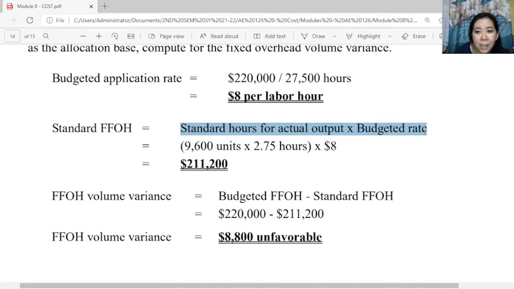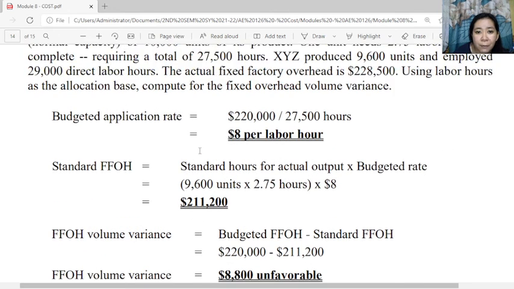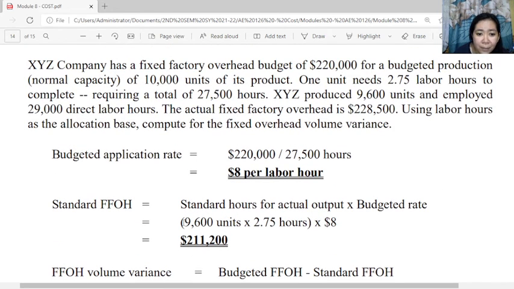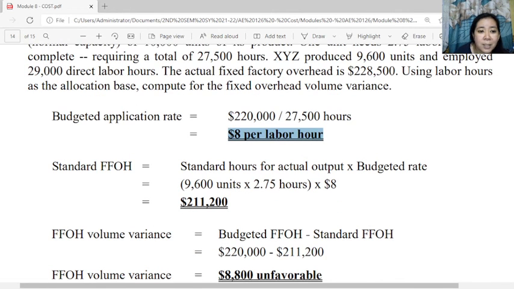This is equal to standard hours for actual output times the budgeted rate. Based on the problem, 9,600 units times 2.75 hours, and then we multiply it by the budgeted rate of 8. So our standard fixed factory overhead cost is 211,200.